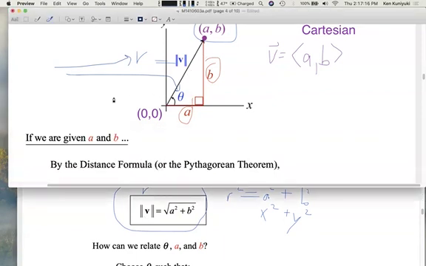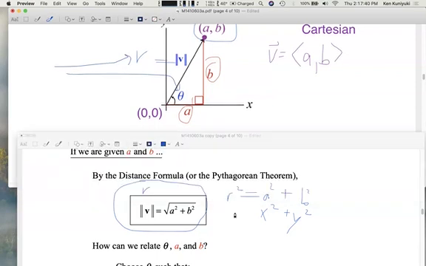Now, how do we get the direction angle, theta? We're interested in theta. You have b and a. You have the opposite side length and the adjacent side length. I guess signed length. They could be negative or 0. Opposite over adjacent. What trig function relates an angle, the opposite side basically, and the adjacent side?